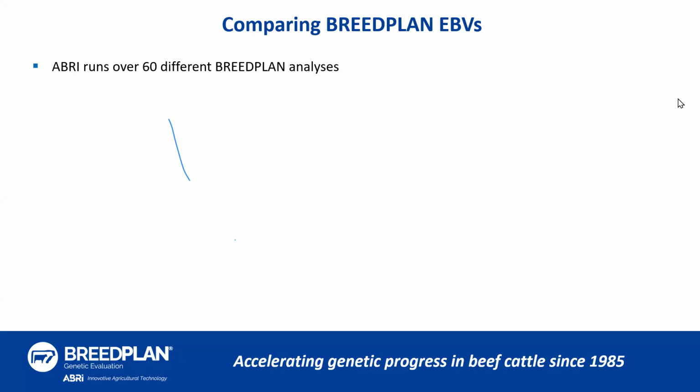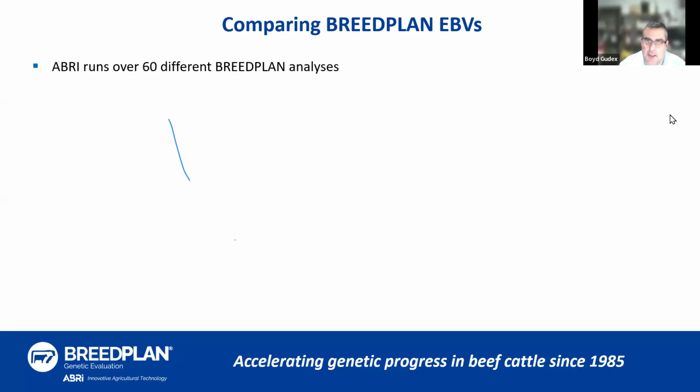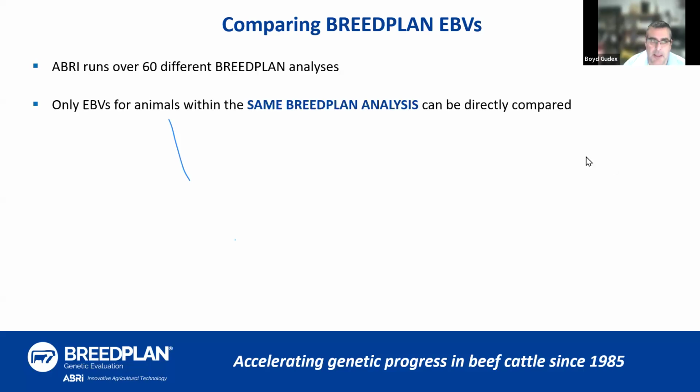Yep. So when it comes to comparing BREEDPLAN EBVs, this is a bit of a controversial topic, but currently BREEDPLAN ABRI runs over 60 different BREEDPLAN analyses for different breeds and country combinations around the world. And only EBVs from within the same analyses can be directly compared.